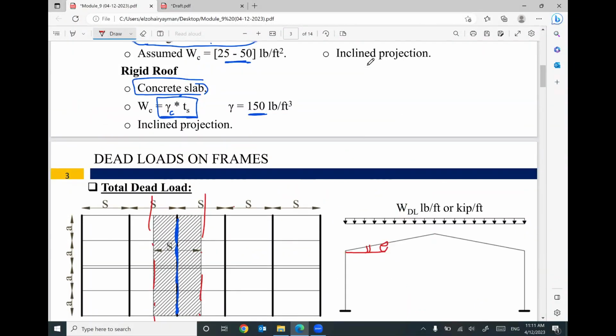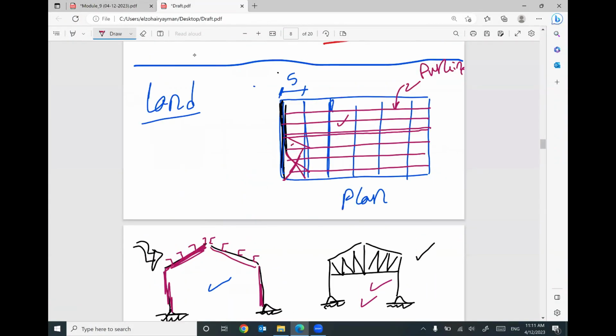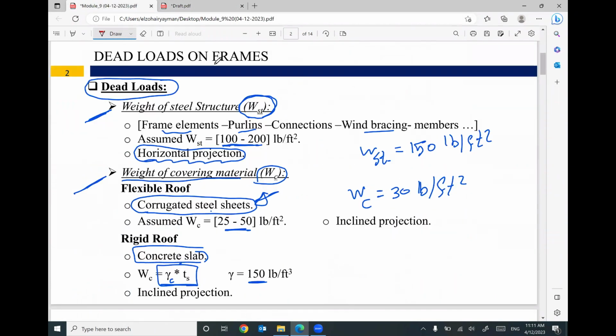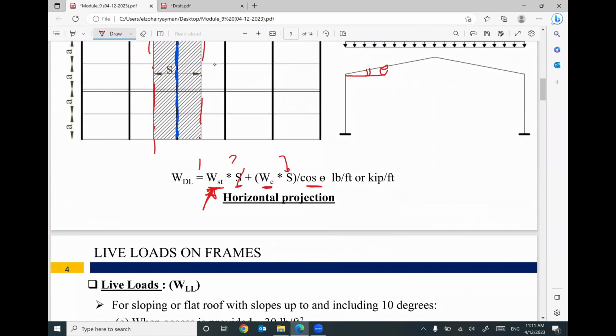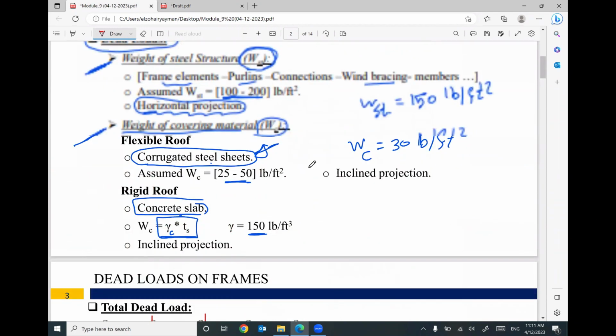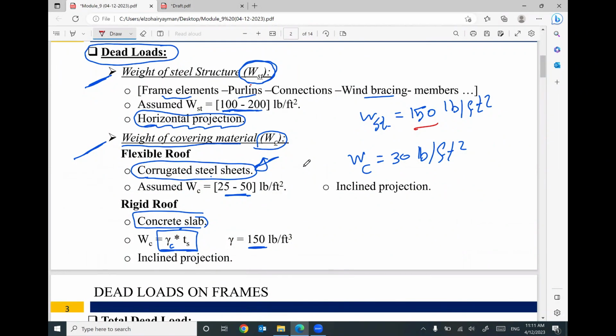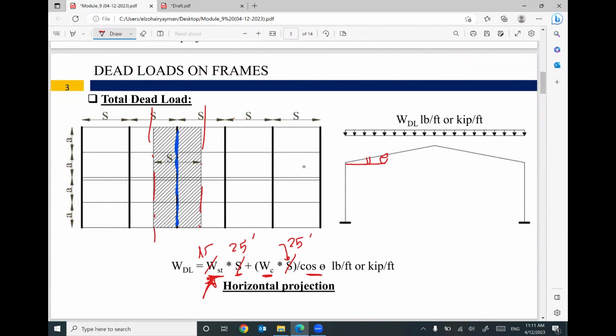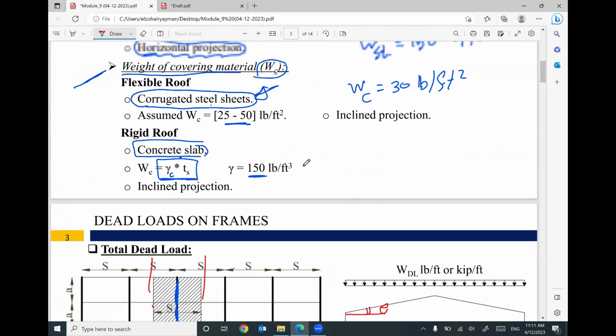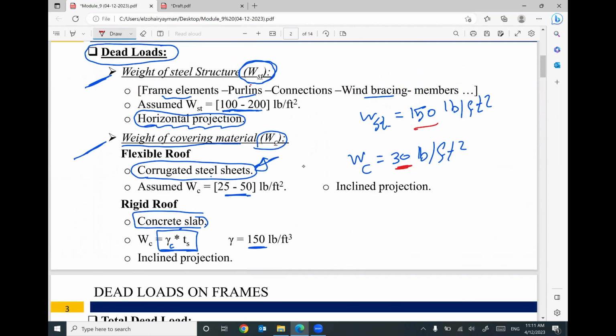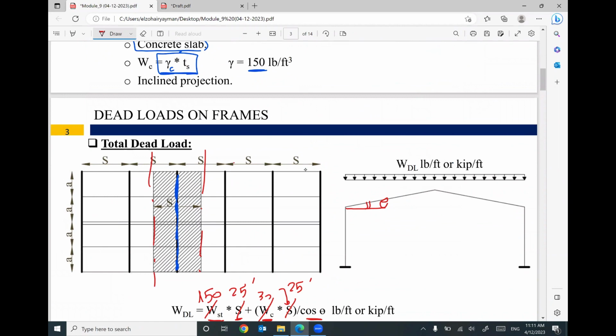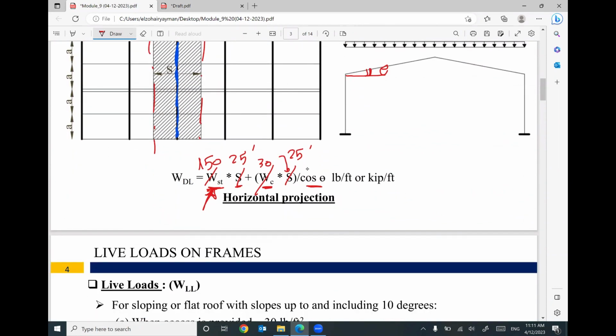Assume, for example, we have a spacing equal to 25 feet. So the value of S will be 25 feet. I assumed W structure equals 150, W covering I assumed to be 30 pounds per square feet, and I will calculate the angle of inclination for this sloped part, assume for example 10 degrees.